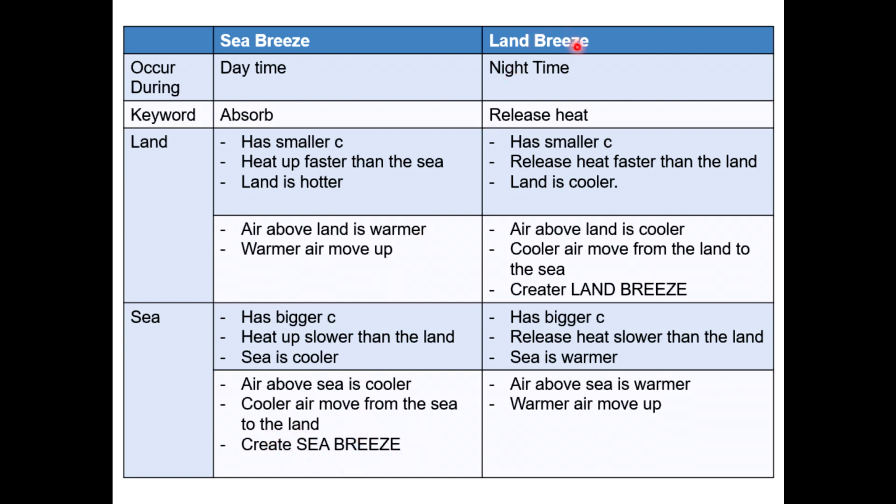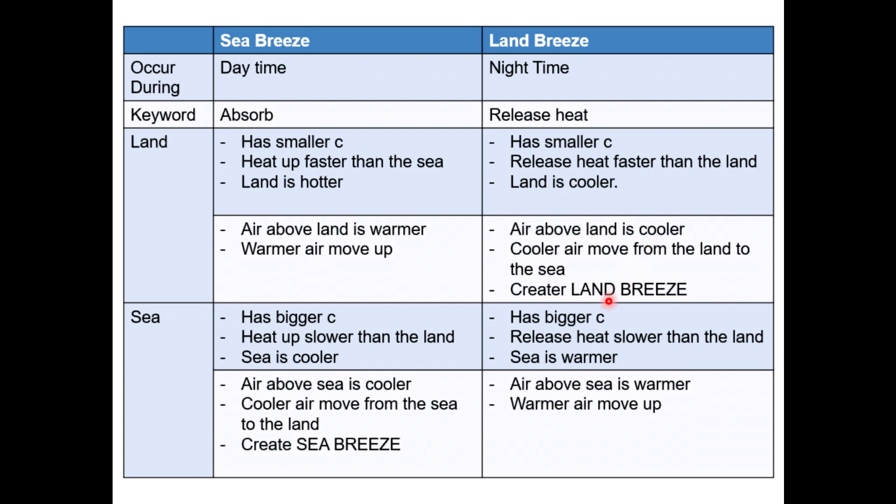For the land breeze, it occurs during night time. Remember the keyword just now. During night time, there is no sun, so the land and the seawater will release heat. The land has smaller specific heat capacity, hence the land will release heat faster compared to the seawater. So the land will be cooler, and the air above the land is cooler.